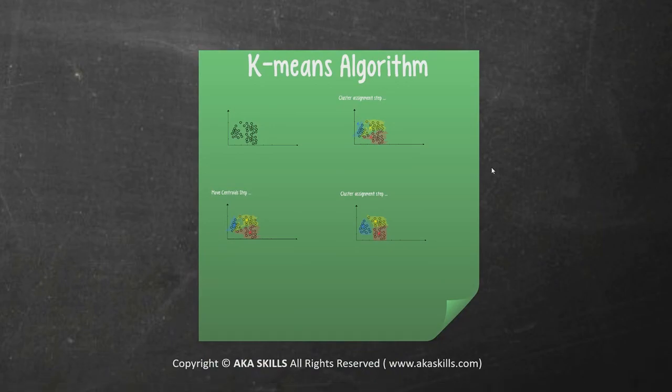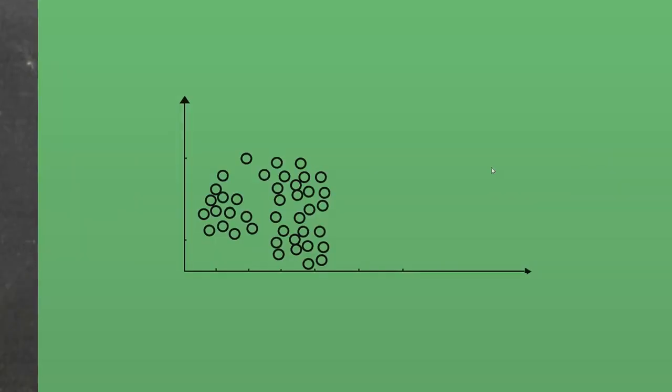So let's start with the k-means algorithm. This is our given data, and we want to predict clusters or groups for this data. I'm gonna explain the algorithm itself, which is really important.